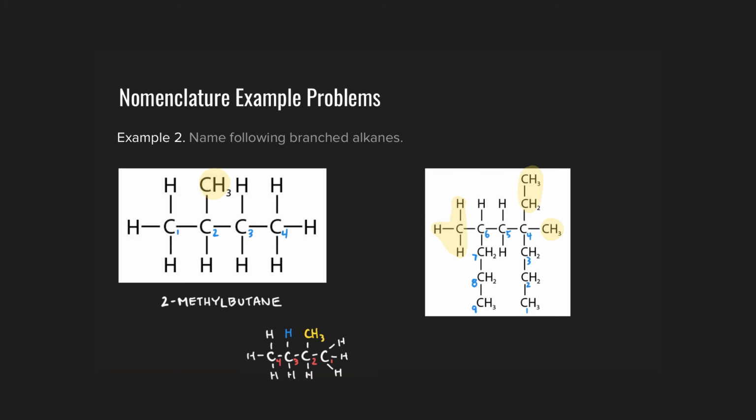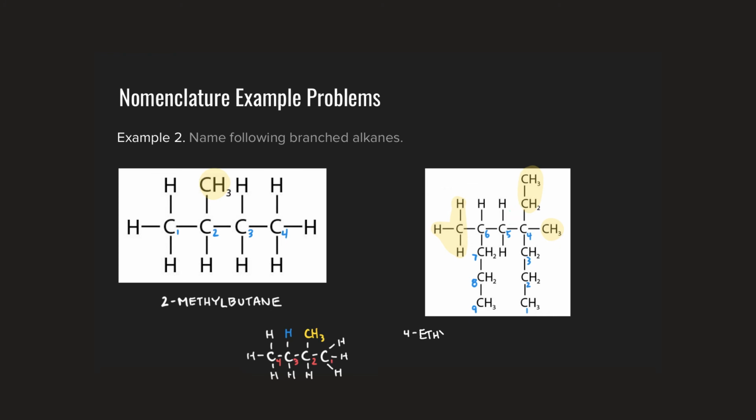Now I just need to give the positions and names of those substituent chains off the side. So looking at this right here, I note that I have a 2 carbon chain on carbon number 4. So we're going to go ahead and name this thing as 4-ethyl.